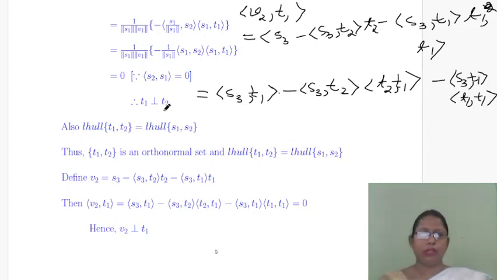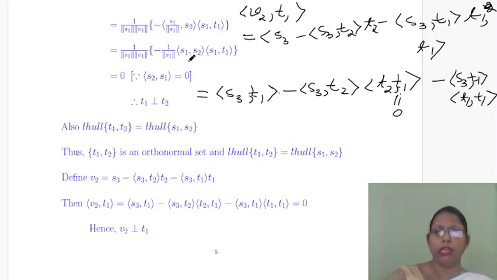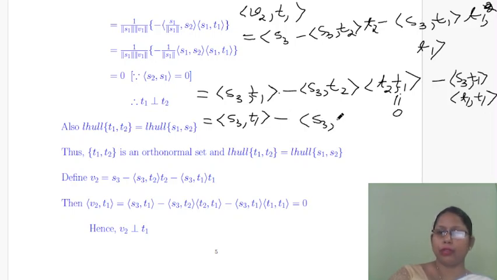Since T1 and T2 are orthogonal, this inner product is 0. I will be left with the inner product of S3 comma T1 minus the inner product of S3 comma T1 times norm of T1 whole square.